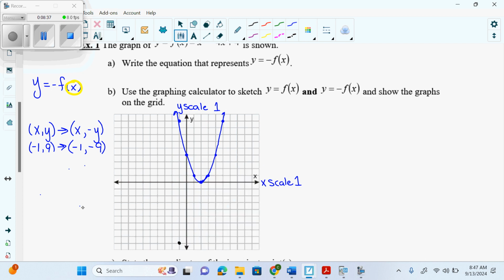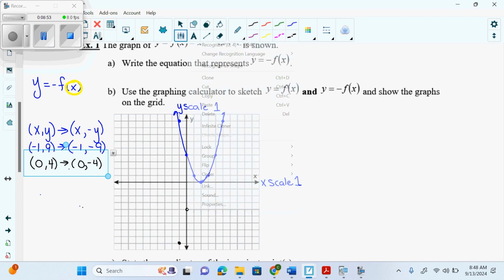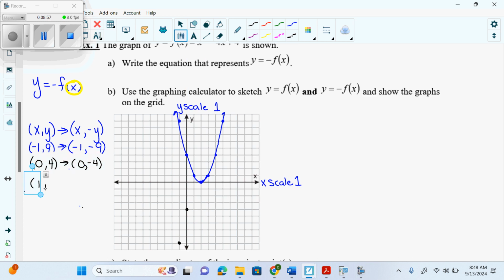What axis is it reflecting in? Yes. Right? And then I use 0, 4. It's going to become 0, negative 4. Then I have 1, 1. It's going to become 1, negative 1.